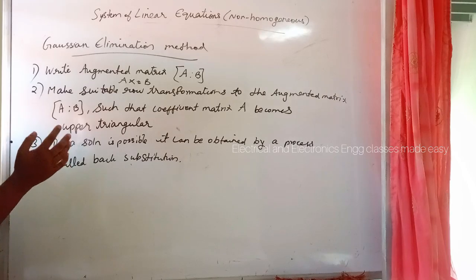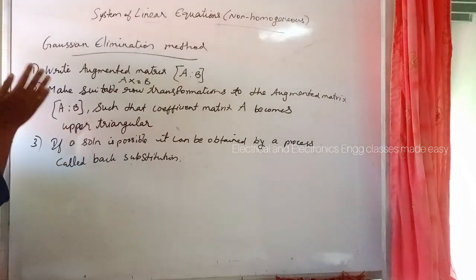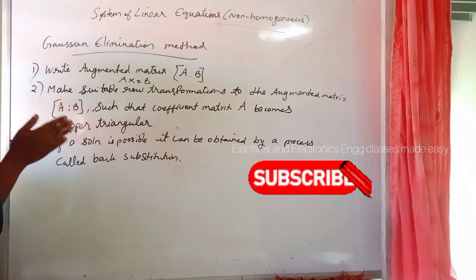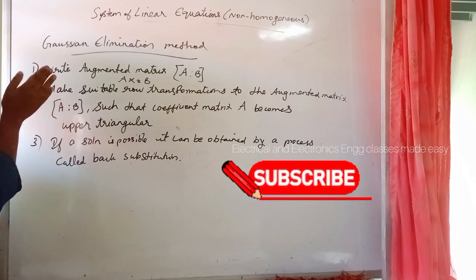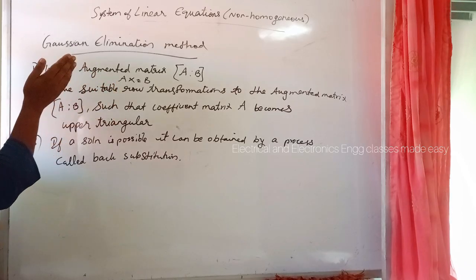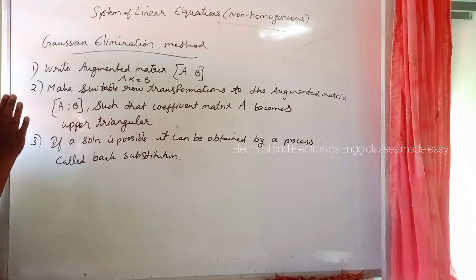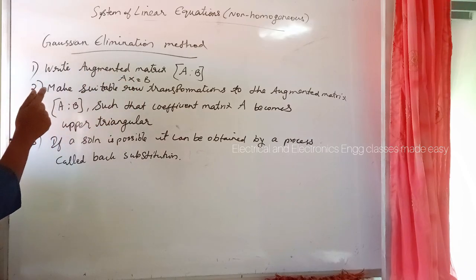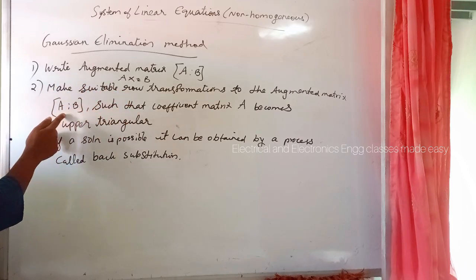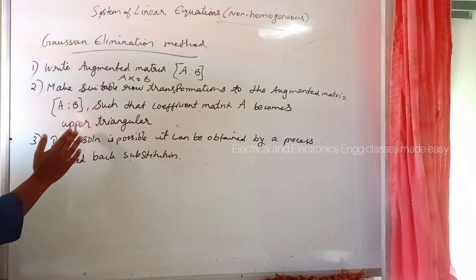Next is the Gaussian elimination method, or Gauss elimination method. So these are the steps involved in the Gauss elimination method. First, write down the augmented matrix AB of the system of linear equations Ax equal to B. Second, make suitable row transformations to the augmented matrix AB such that the coefficient matrix A becomes upper triangular.